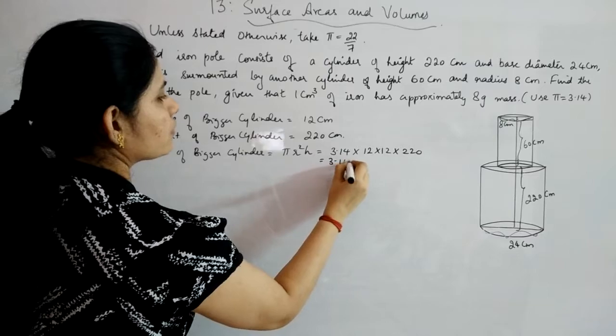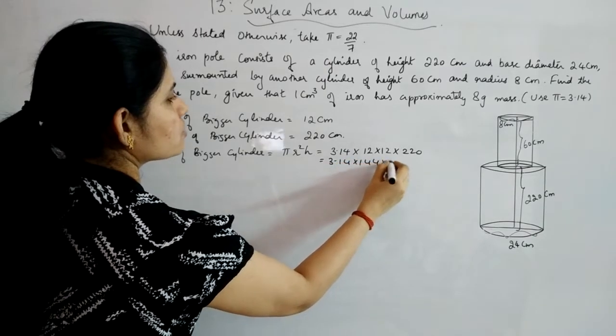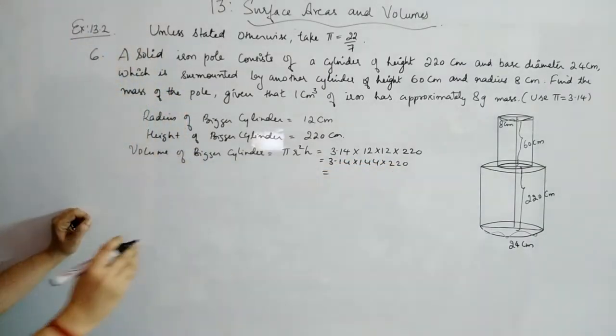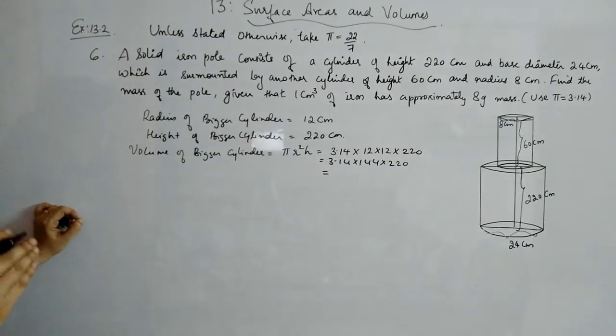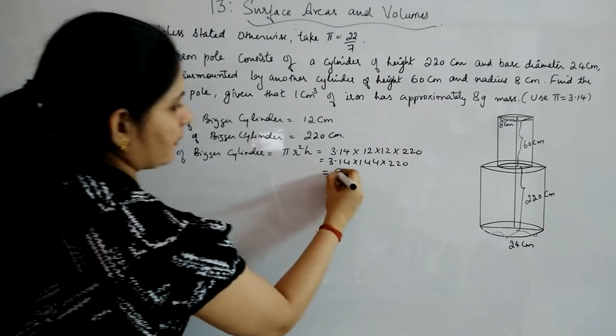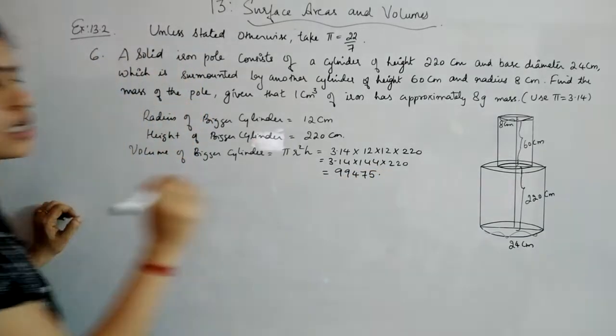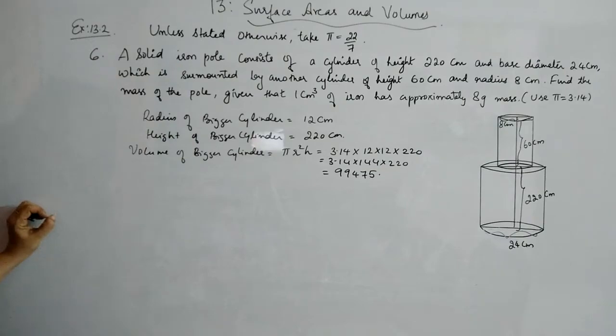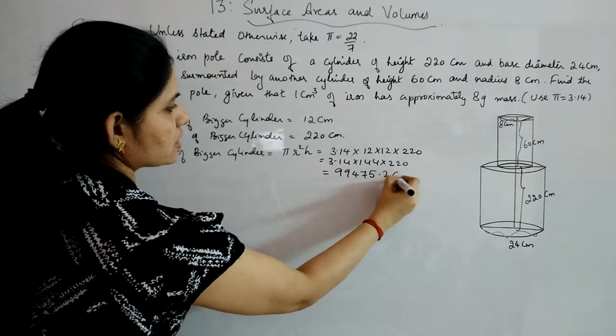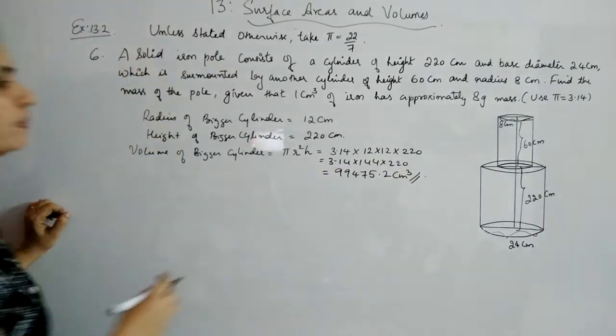That means 3.14 into 144 into 220 will give you the answer as 99475.2 centimeter cube. Okay, 99475.2 centimeter cube will be the volume of the bigger cylinder.